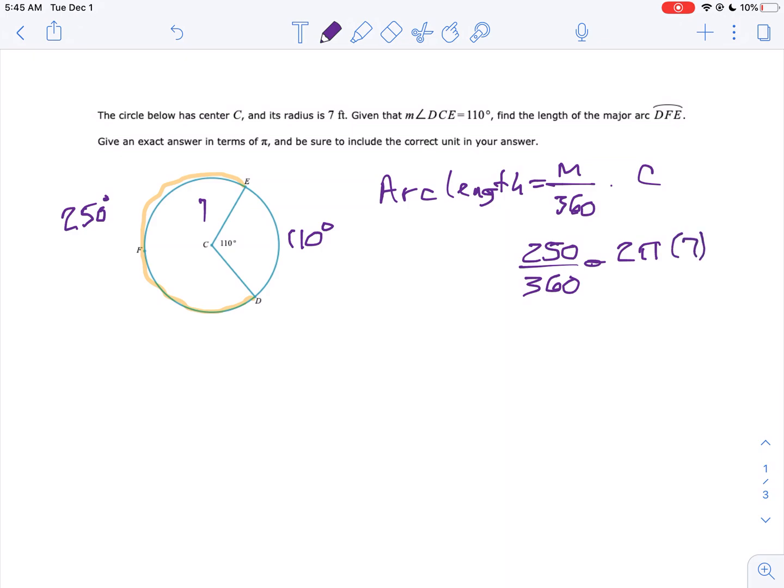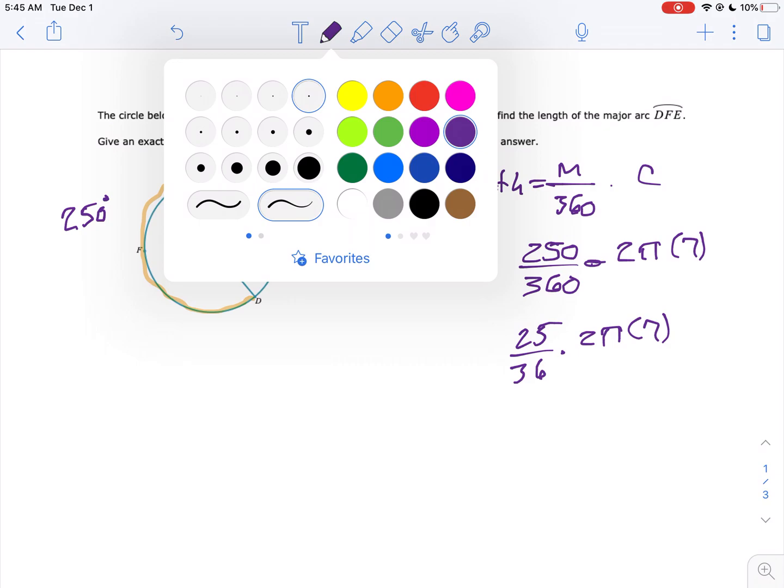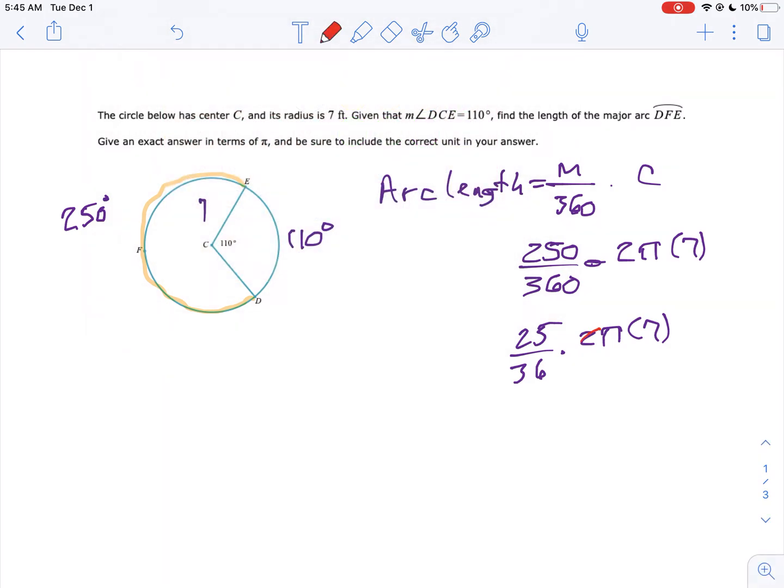Now let's just do some reducing. I think in your email you said you didn't know how to reduce that. Well, the first thing I notice there's a 0 in the numerator and denominator. So I'm just going to divide those out. Divide by 10. So I get 25 over 36 times 2 times pi times 7. Well, then I notice that 2 goes into 36 18 times.